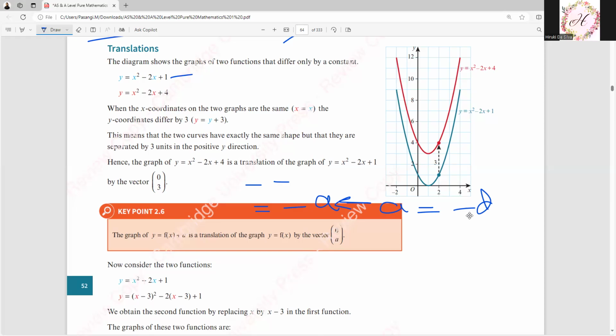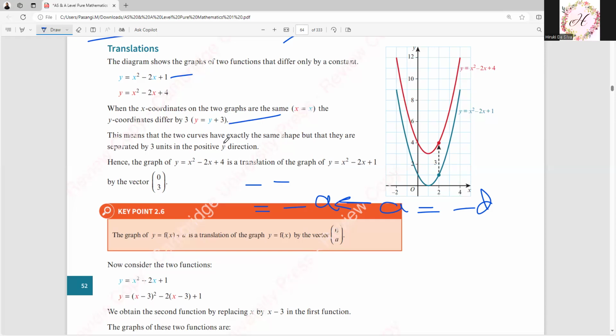Yes, the y coordinate has increased by 3. So always, what has happened to the y coordinates? They have been increased by 3. If the earlier y value is y, now the new one is y plus 3. That's how it works.